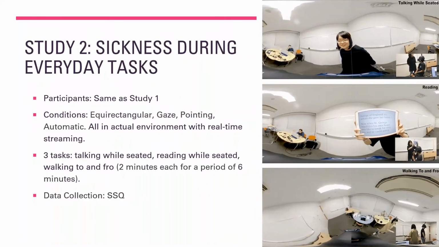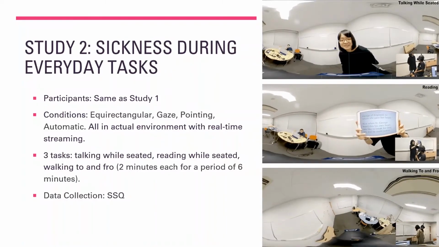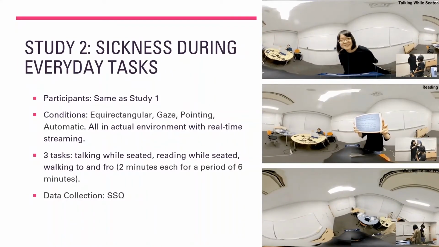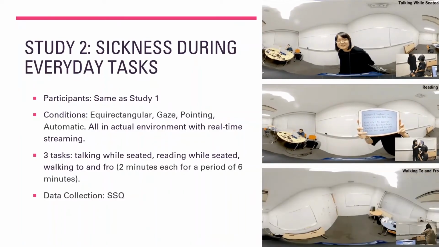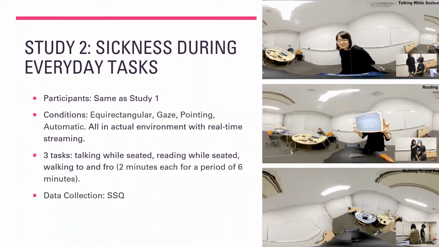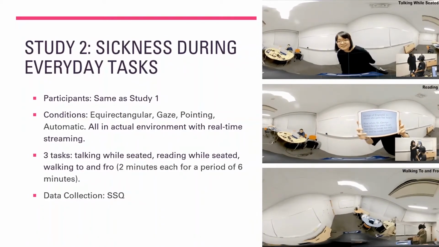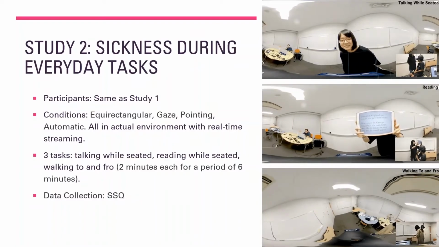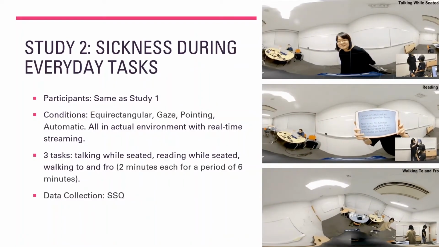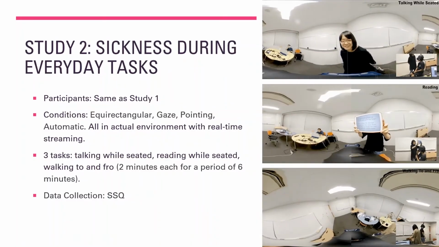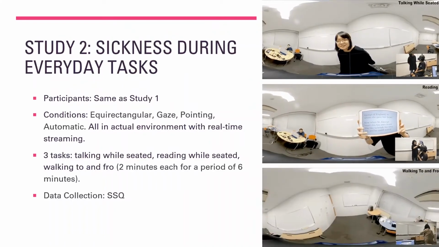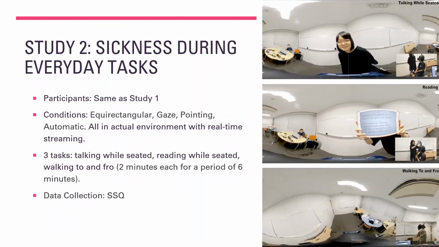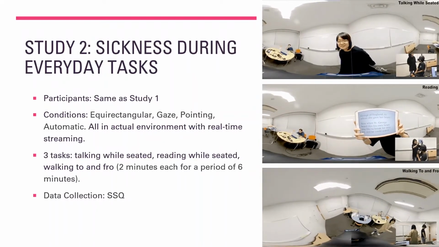The first one is talking while seated for 2 minutes, and then reading a book on a tablet device while seated for 2 minutes, and finally walking to and fro for 2 minutes. Each participant performed these activities back to back without pause. Participants were asked to answer SSQ before and after use of each condition.